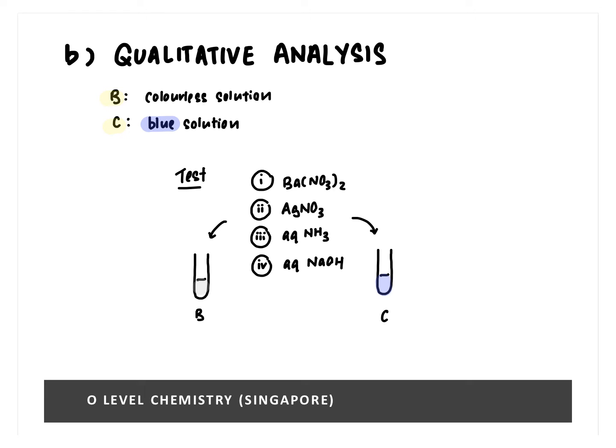In test part 1, when you add barium nitrate, you are testing for the presence of sulfate ions. Silver nitrate tests for the presence of chloride ions or iodide ions. Aqueous ammonia and aqueous sodium hydroxide are to identify the cation present.